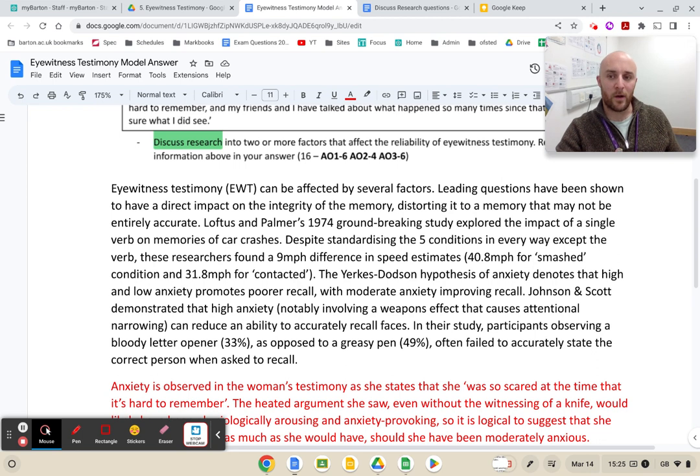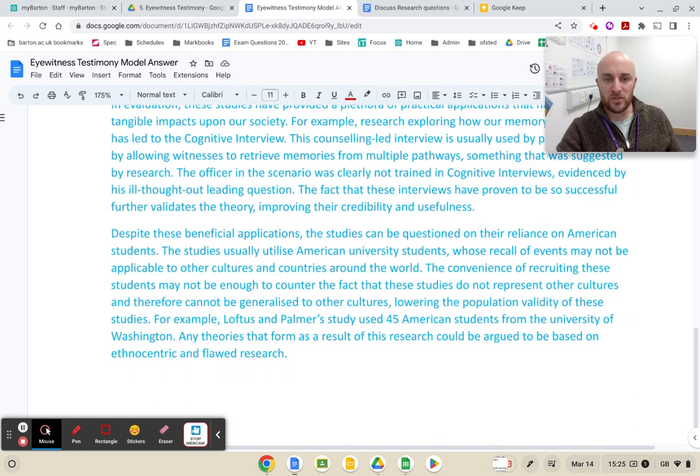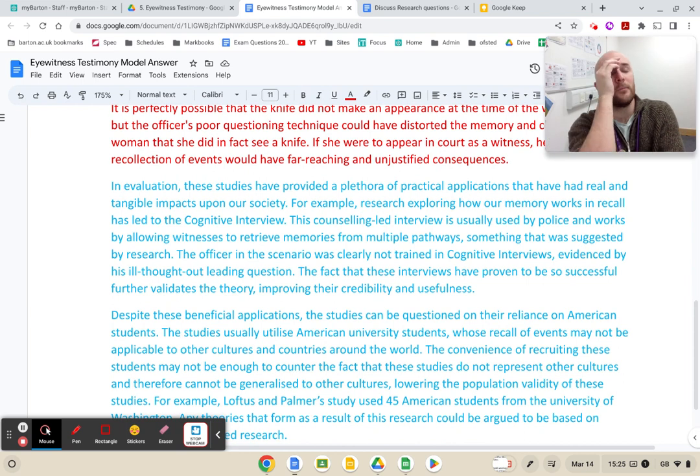In your AO2, and I cannot express how important this is, you are evaluating the research as a whole. You're not evaluating specific pieces of research.